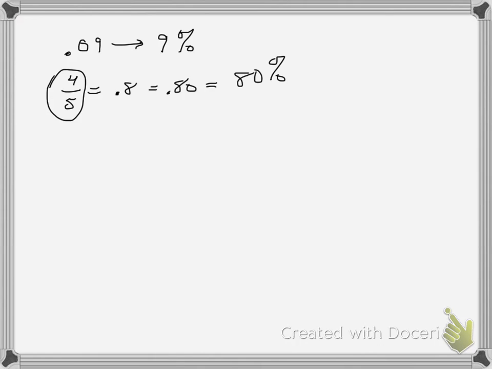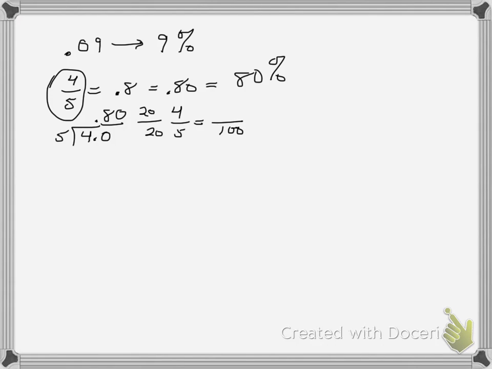Now another way I could do that is I could say 4 divided by 5. Right? And that would be 5 goes into 48, and then I want to go over 2 decimals, so I can convert that to the percent. Let's see, another way I could do this, because percent means over 100, I could do it as a ratio, or a proportion. 5 times what equals 100? 20.